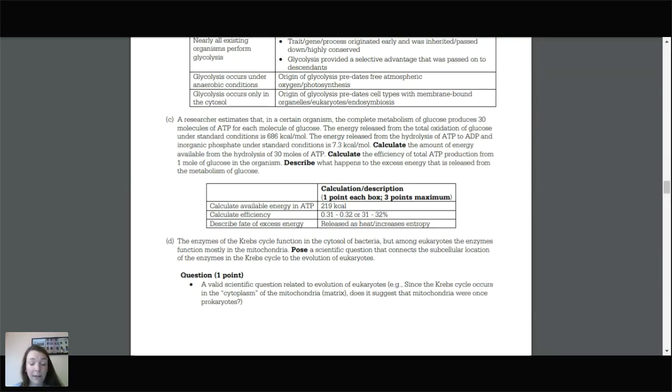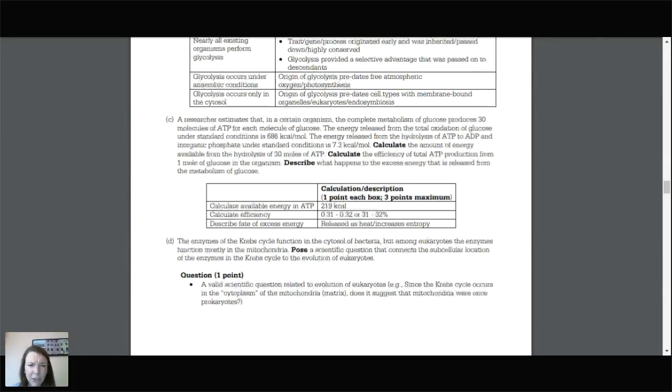Or you can set up a proportion, but if you just do 219 divided by 686, which is the total energy we should be getting, you get 0.319, or 31 or 32% efficiency, because we're getting 30 moles of ATP. I divided by 686 because that's the total amount of energy under standard conditions that's available from a molecule of glucose. And that's given in the problem.